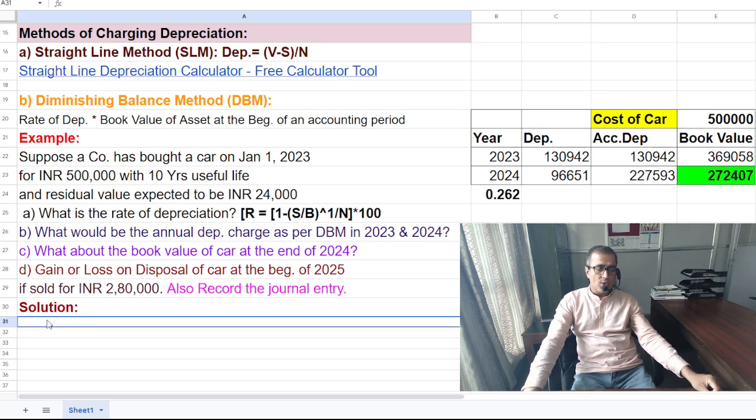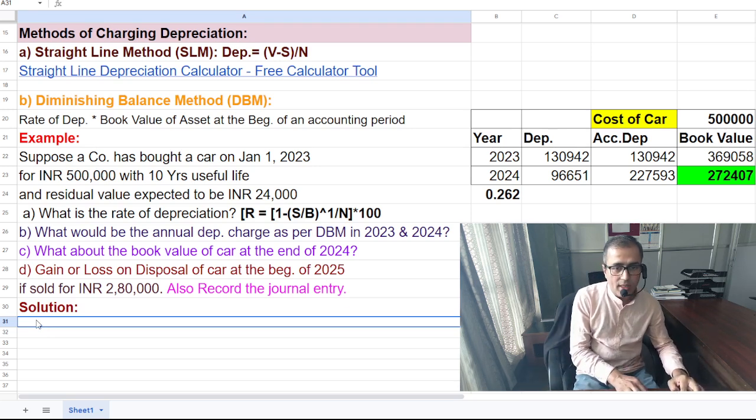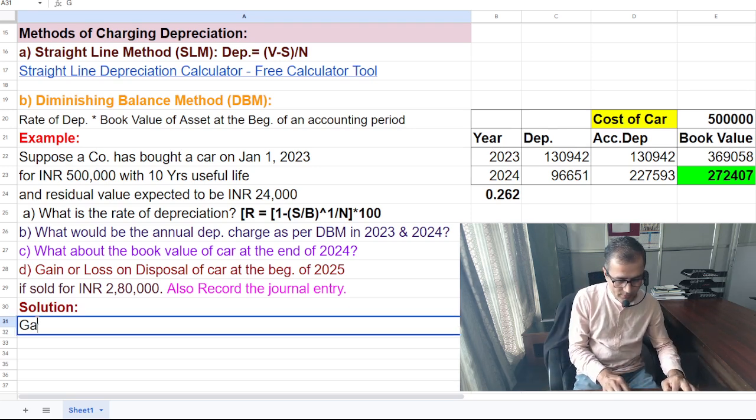So simply what do we do? We have to calculate all required in working notes here, so you would have a loss or gain. Look at your sale value. You would be realizing 2,80,000, while your book value at this date is 2,72,407. Therefore, your gain on sale of car would be how much here?